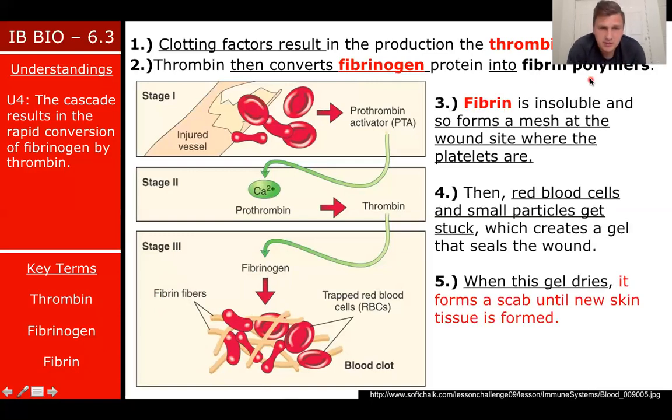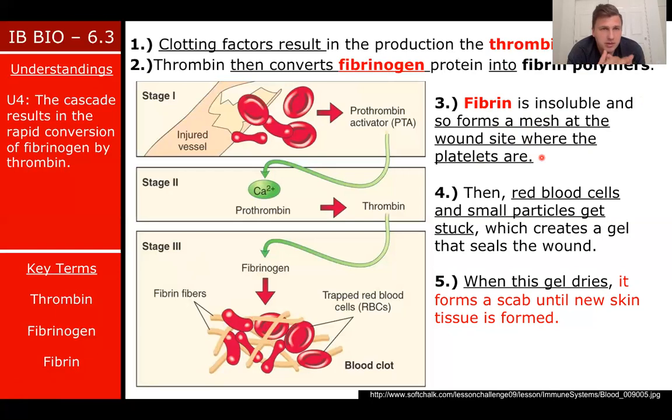Step 3 is going to be fibrin. That's this part already, the net looking, fry looking thing. It's insoluble, okay? So that means it's not able to dissolve in water. If it's not able to dissolve in water, that means it's going to form a mesh at the wound site where platelets are.